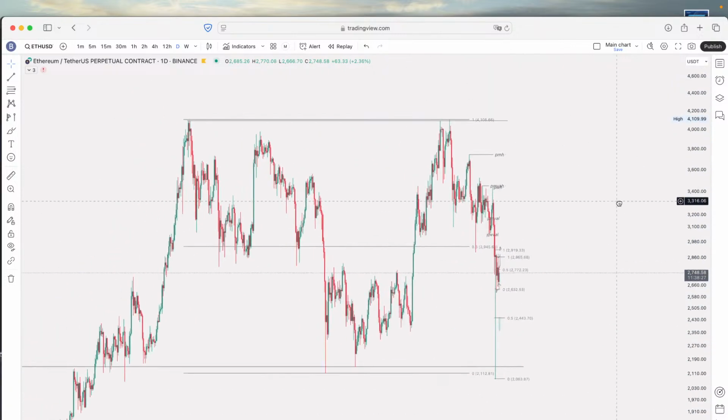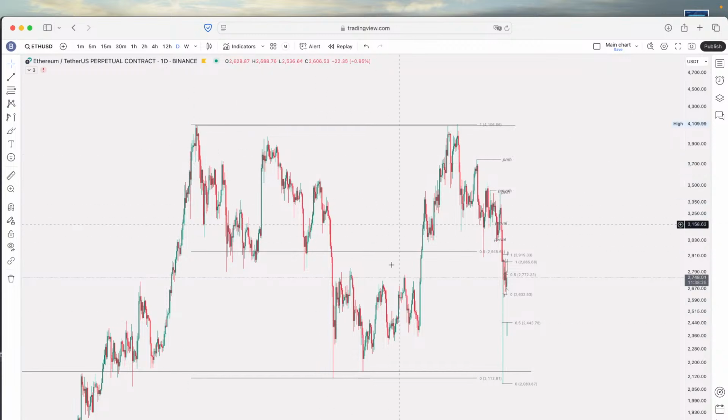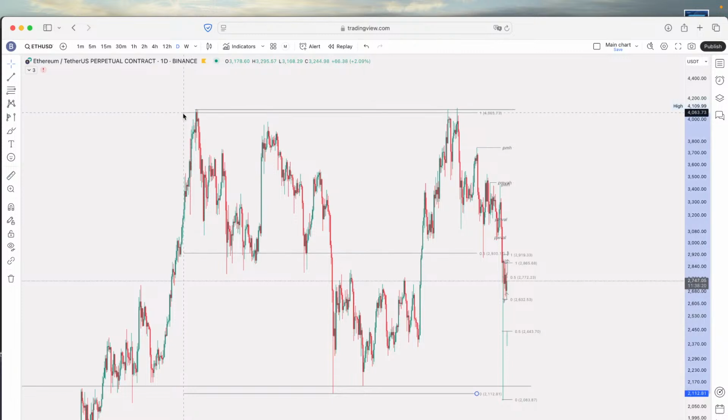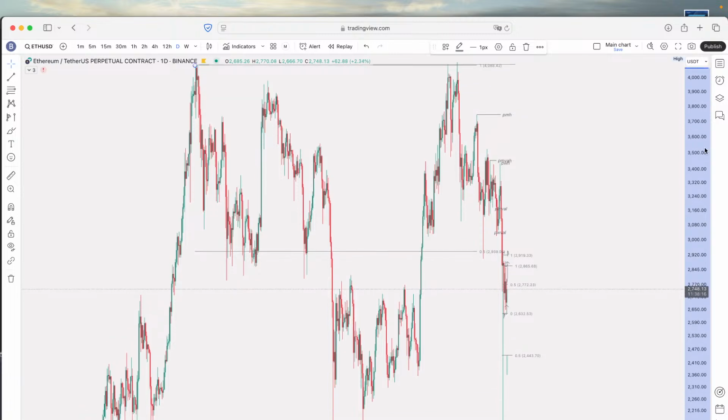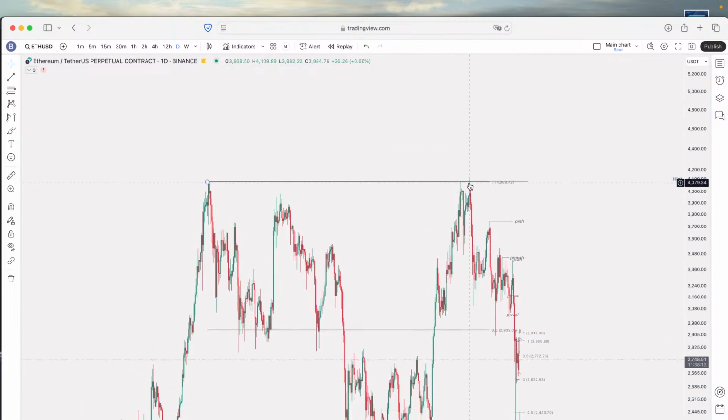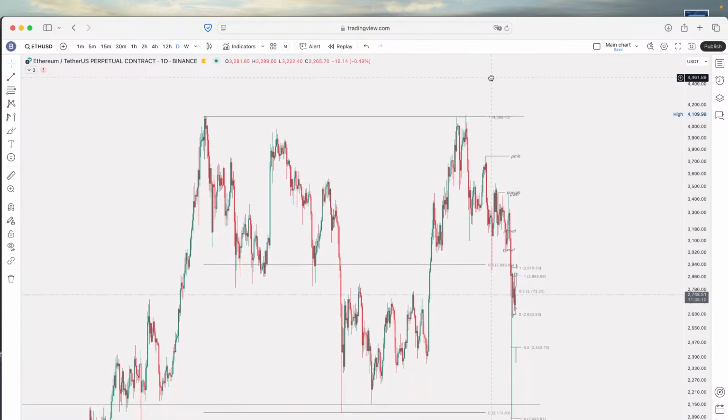Yes, this was our range. So when the price cleared these equal highs, even though it was very small, that range was manipulated to the upside.